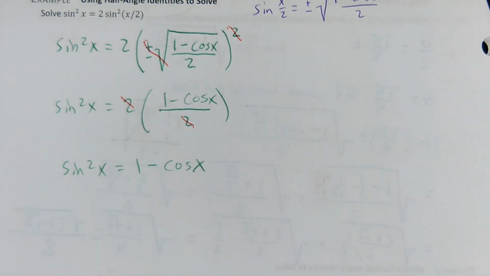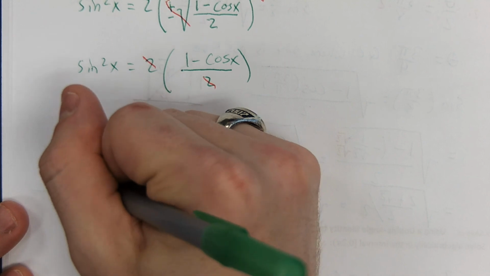These are very different statements, aren't they? I need a way to make them be able to play with one another using an identity. Yeah, sine squared can be turned into 1 minus cosine squared. That is the identity that we will use there.